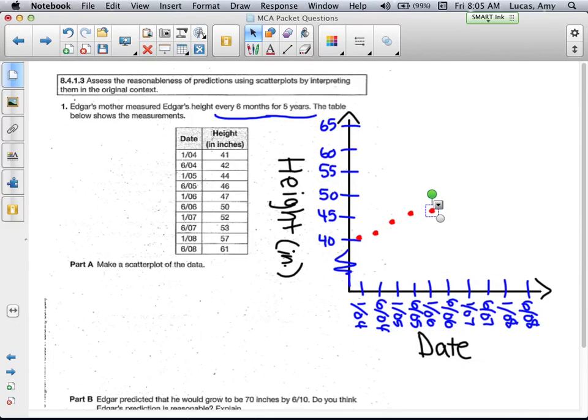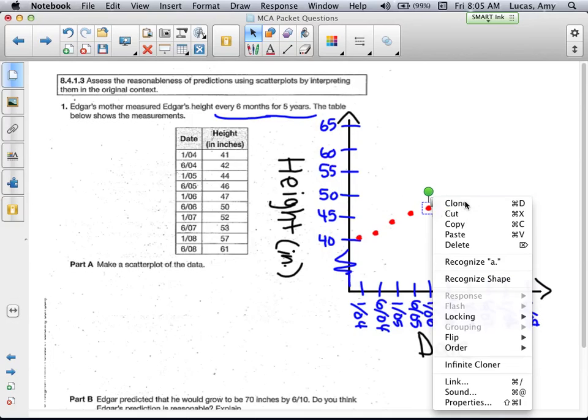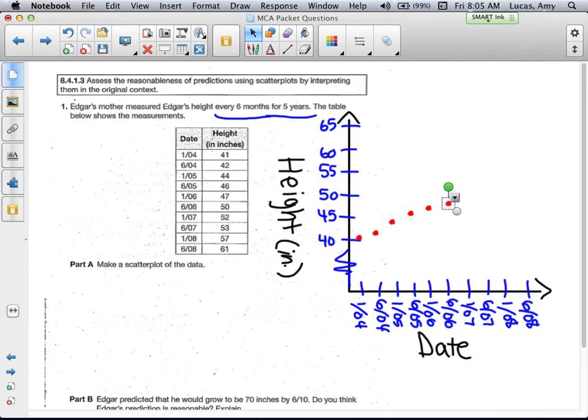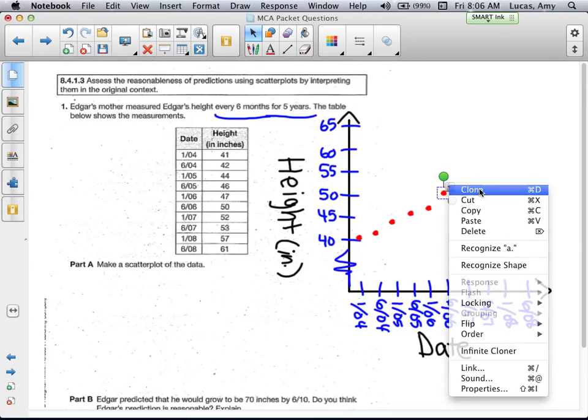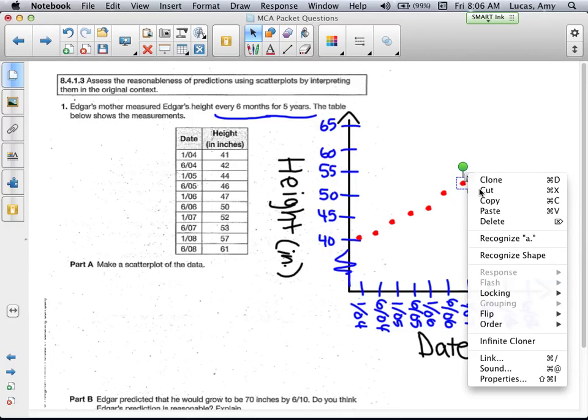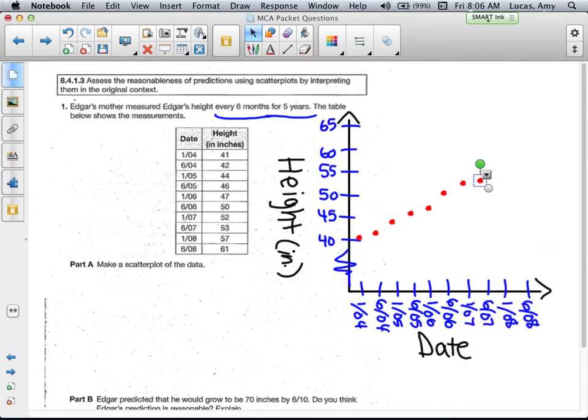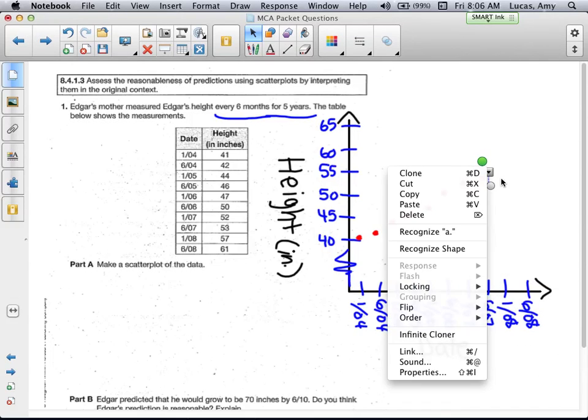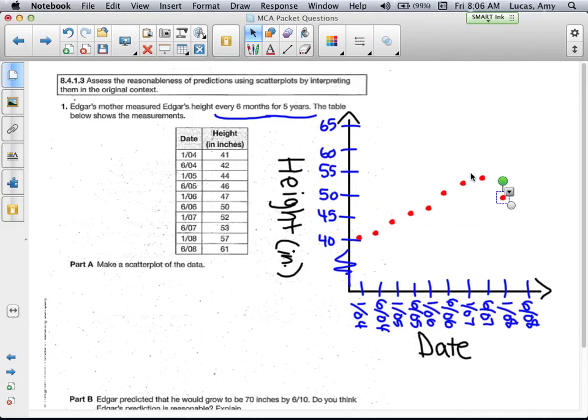So I'm just graphing all of these points. Okay, so after graphing them, I should, let's see what we need to do.